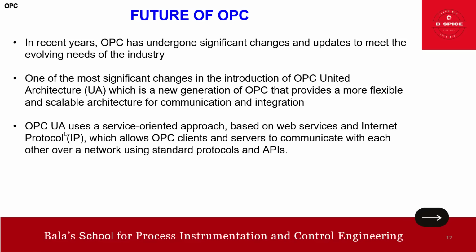OPC UA uses a service-oriented approach based on web services and internet protocols, which allows OPC clients and servers to communicate with each other over a network using standard protocols and APIs.